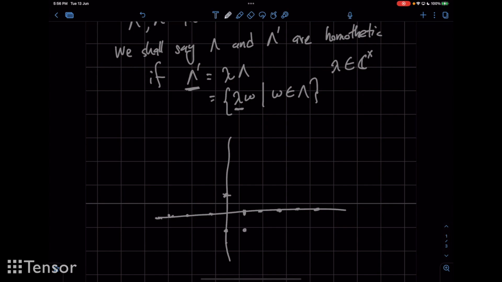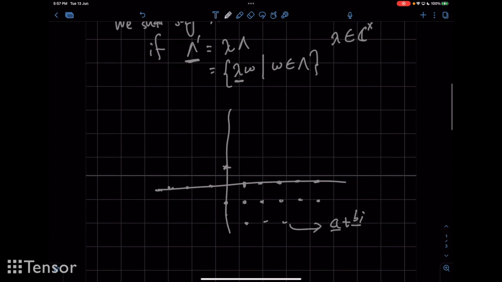In the lattice of Gaussian integers, all the elements are of the form a plus bi, where a and b are integers.